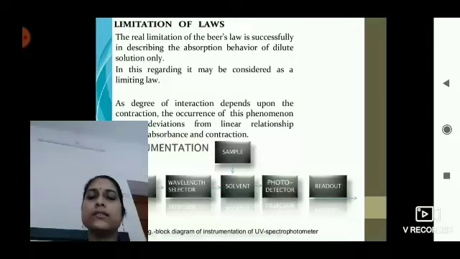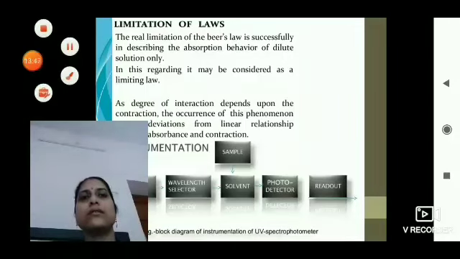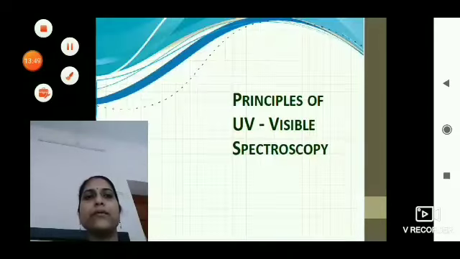So it is good only for dilute solutions. Another limitation is that when the compound in solution gets dissociated or associated, the law will not hold good. So these are the limitations of the Lambert-Beer law.